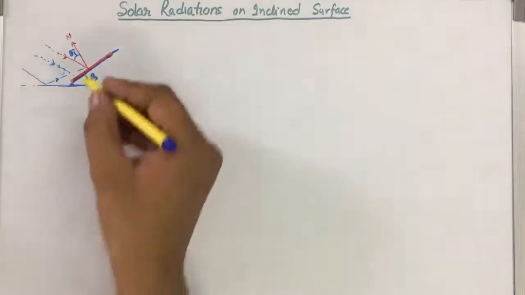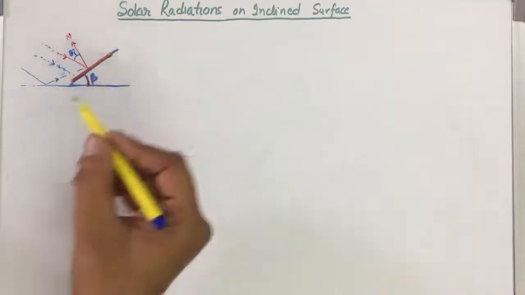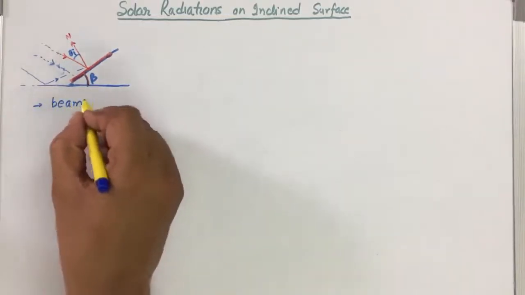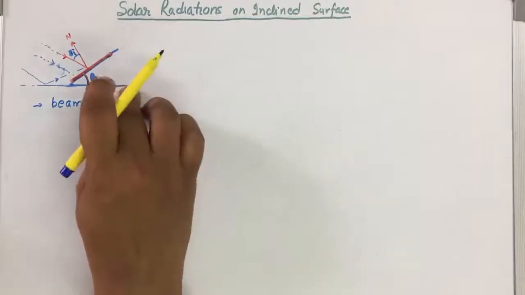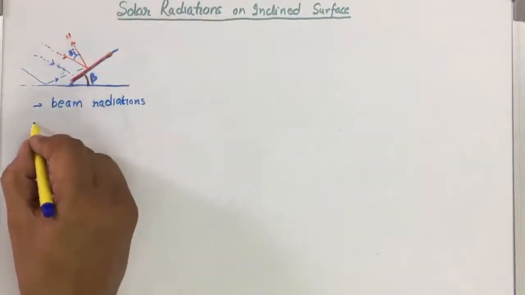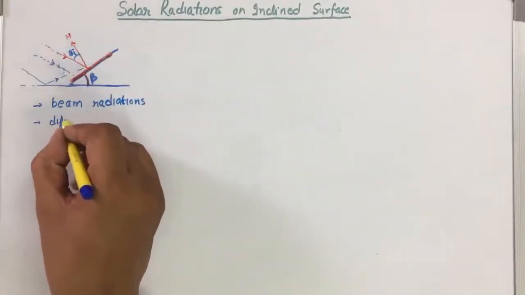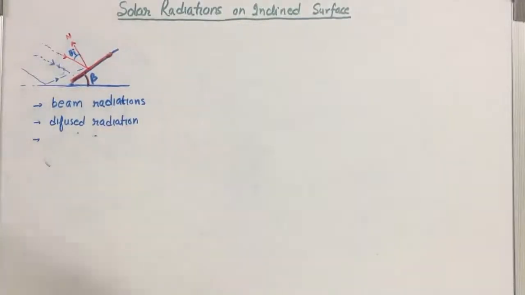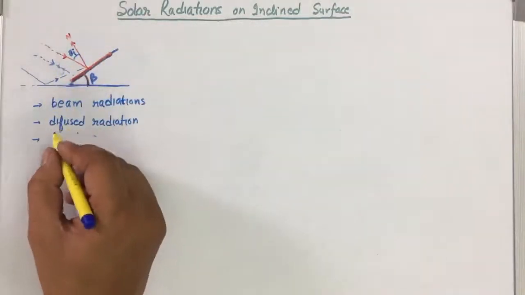So the total radiations incident on an inclined surface consist of, first, beam radiations; second, diffused radiations; and third, radiations reflected from ground and surroundings.